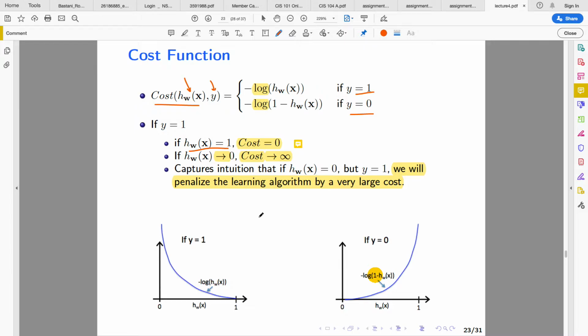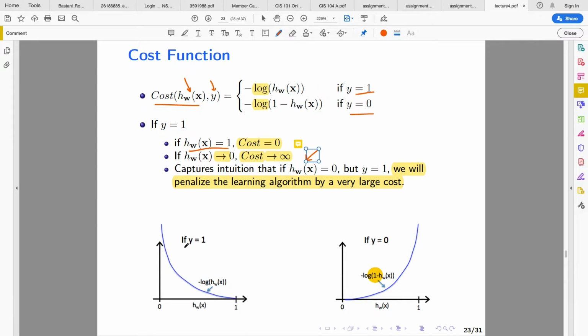Here, the intuition behind our cost function is we want it in such a way that if y equals 1, our prediction should also be equal to 1. But otherwise, if we miss the target, if we actually miss the prediction, then there should be some penalty for that.